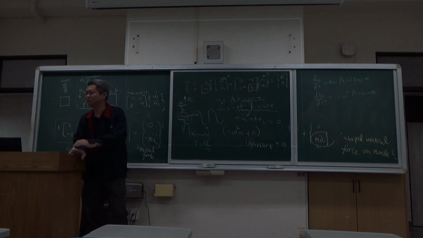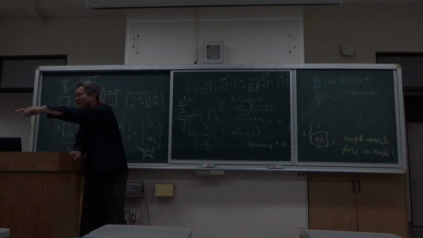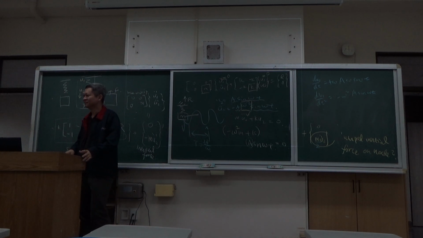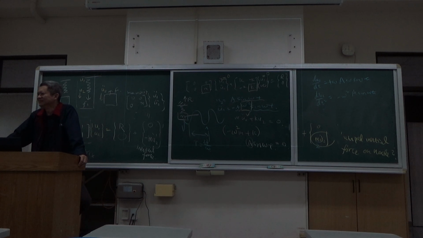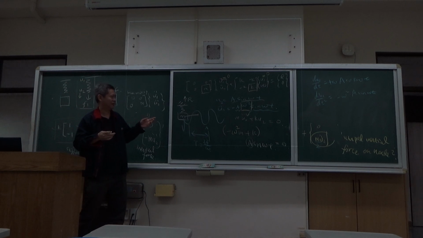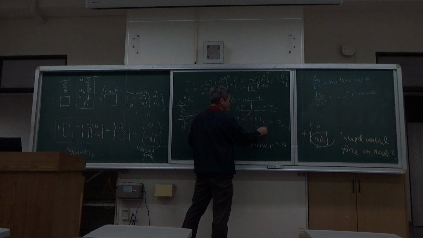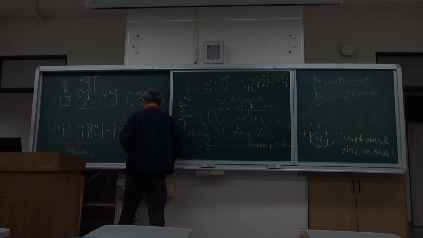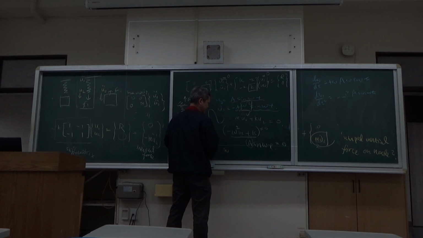It's not 0. The right-hand side of this equation is 0, while the amplitude on the left cannot be 0. Nor can the sine term be 0, because it is periodic. So you have limited choice. The only choice is that this whole expression is 0. In that way, you find your natural frequency: omega square m is equal to k.